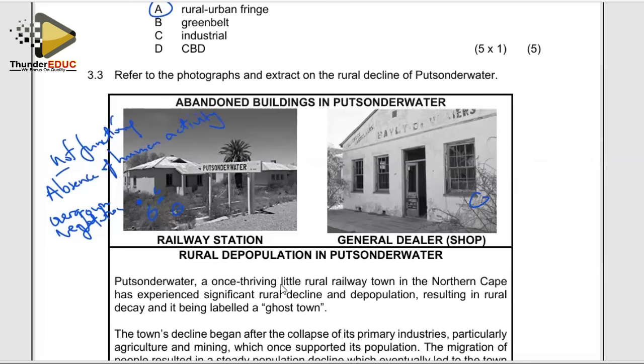We expect the railway station to be busy. If it was busy, at least we would have evidence of someone around doing something there. There is absence of human activity completely. It's abandoned. Or if you also look here, these windows are broken. If there were people benefiting from the facilities, they would have repaired that. It means they were just broken and left to dilapidate.